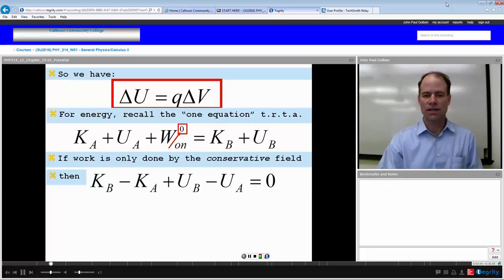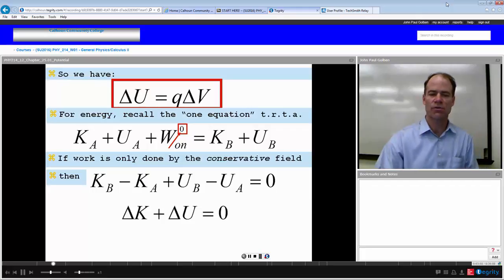So, rearranging, we have that the kinetic energy at B minus the kinetic energy at A plus the potential energy at B minus the potential energy at A is equal to 0, or we can write this as our change in kinetic energy plus our change in potential energy equals 0.